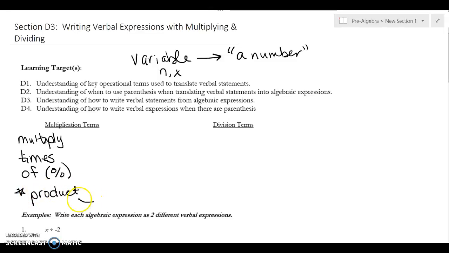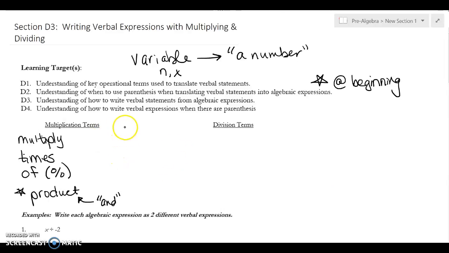And the reason it's a star word is because it uses the word and. And remember, our star words are at the beginning. Okay, so those are the four main words we have for multiply.